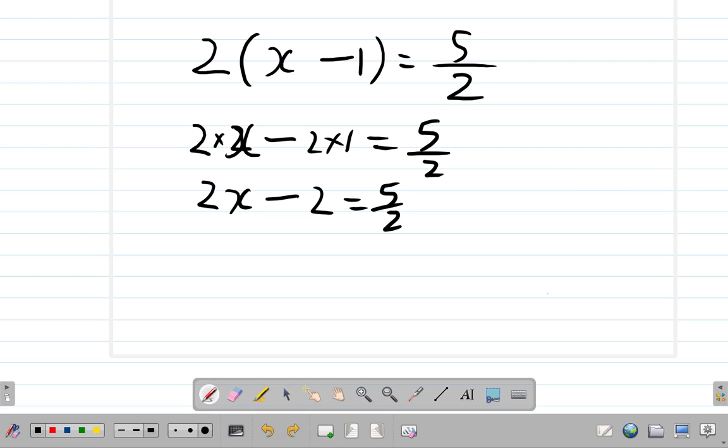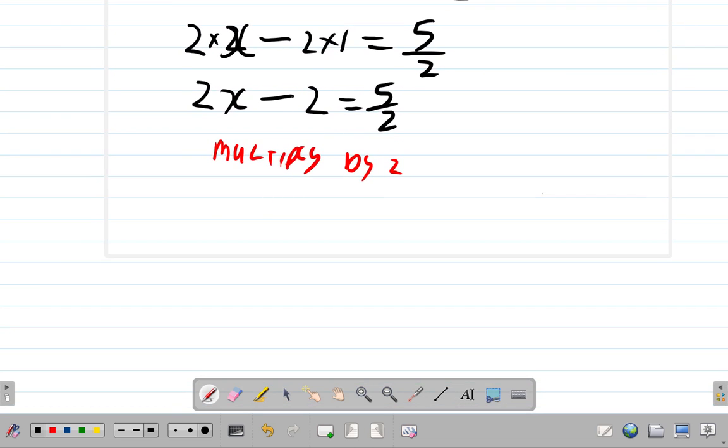So here now, what we can do is multiply both sides by 2. The reason is to get rid of the fraction. Let's consider that method. So I'm going to multiply by 2. If we multiply this by 2, each item separated by a plus or a minus must be multiplied by 2.